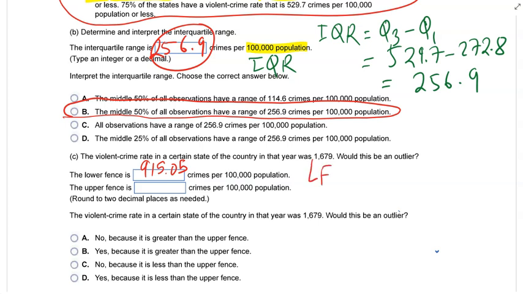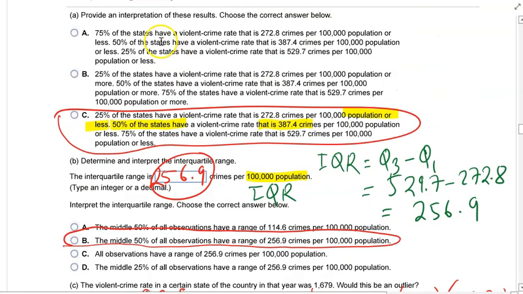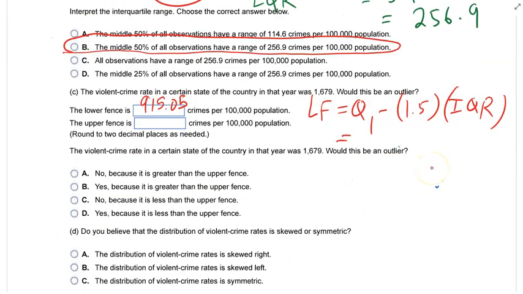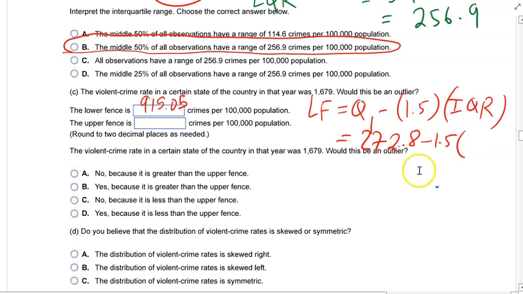Okay, to find the lower fence, let's write the formula: lower fence, LF, equals Q1 minus 1.5 times IQR. Now you have Q1 and you have IQR. What's Q1? 272.8 minus 1.5 times IQR, which is 256.9.